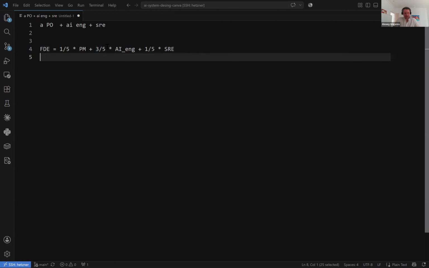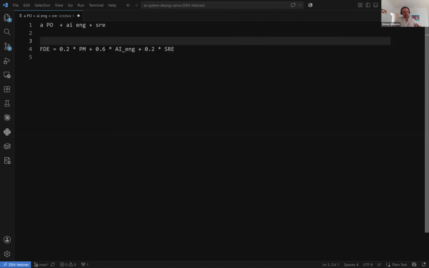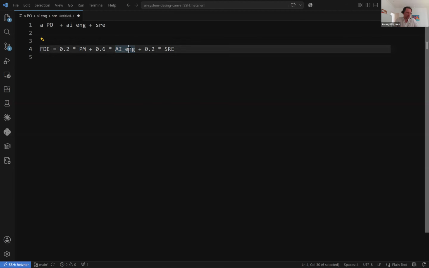I'll use this 0.6. I don't know, does it make sense? I just came up with this, but if we want to decompose FDE as a linear combination of these roles that we know, perhaps this is something along these lines. Maybe it's not far from the truth.